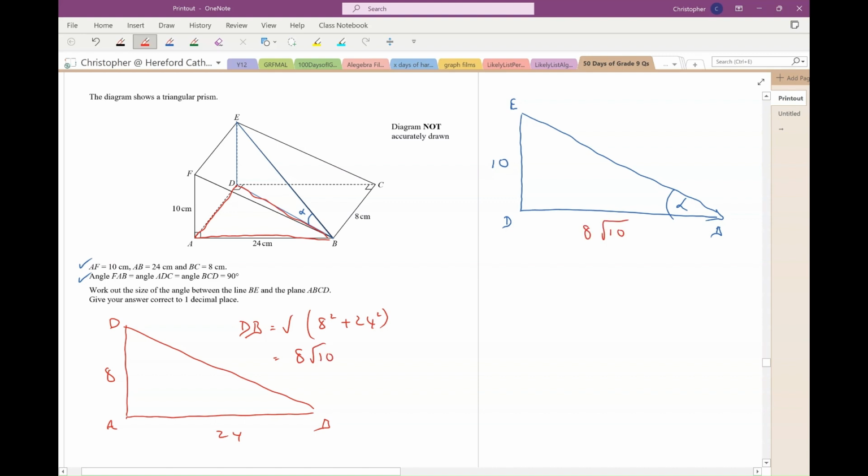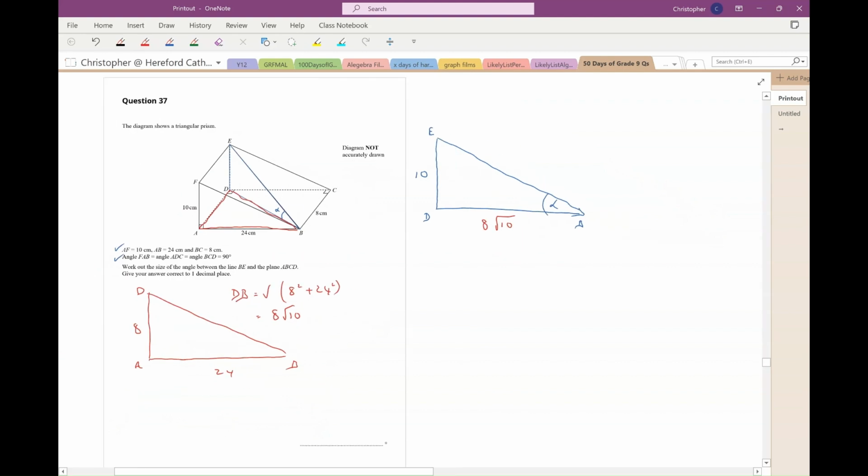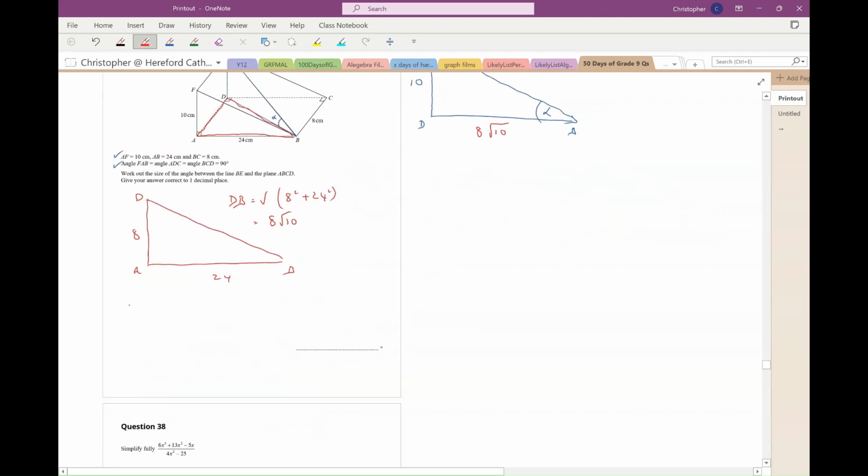And now I'm in a position to find alpha. I can use 10. So tan alpha is the opposite, 10, over the adjacent, 8 root 10.